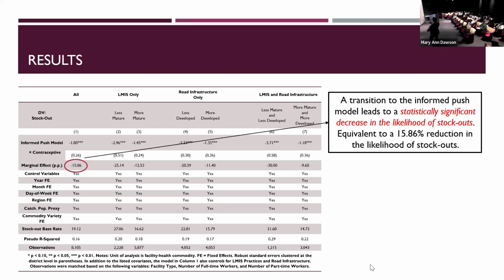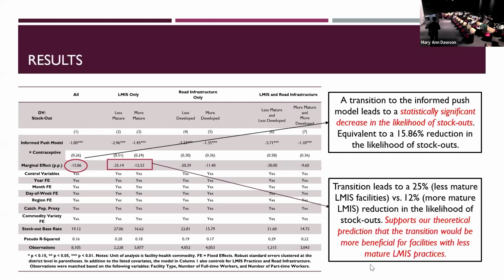Now I'm going to look at different types of health facilities and see where there are more benefits and where there are fewer benefits. Let me start with LMIS practices. Here we see the transition leads to about a 25% decrease in the likelihood of stockouts at facilities with less mature LMIS practices, compared to only a 12.5% reduction at facilities with more mature LMIS practices.